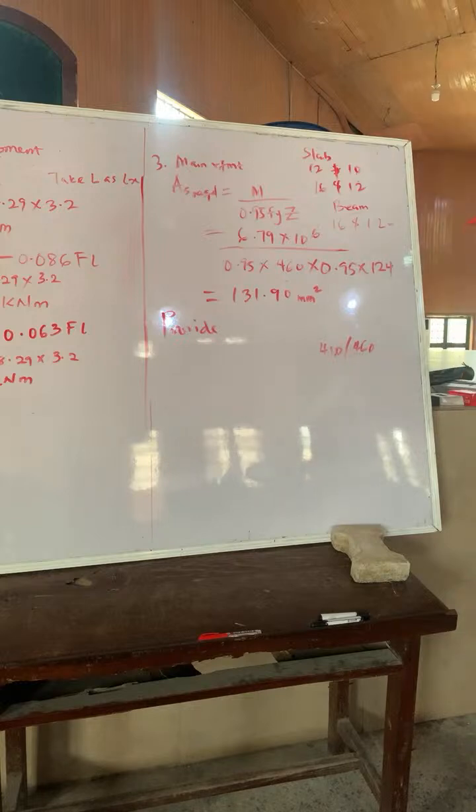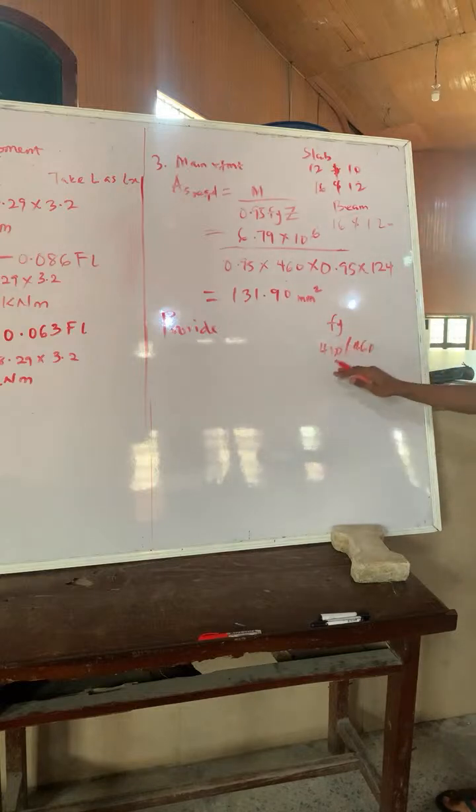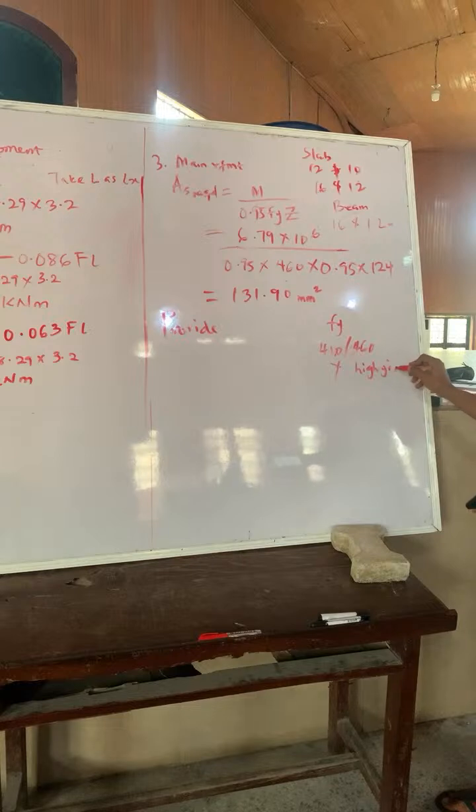Strength of reinforcement, that is our fy. fc is for concrete, the characteristic strength of concrete. Please, guys, listen. For 410 or 460, that is our Y, high yield steel.